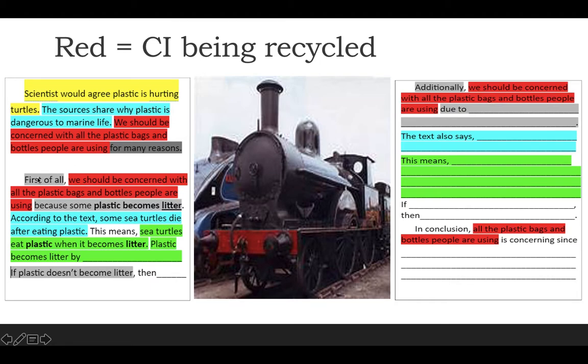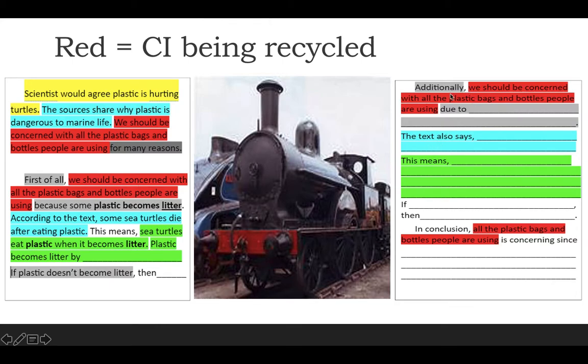Here's our transition words, first of all, and then look at how we reuse or recycle this. And then here we're actually using a point, and we're using a reason to share our point. So that's the first time we use the CI, and that keeps the train on the tracks.